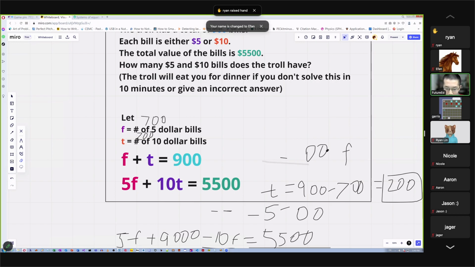So after all this really stressful math, we found out that T is 200 and F is 700. How do we verify? I guess when the stress is off, no one really wants to answer anymore, right? Do you know what we need to do, Garrus?